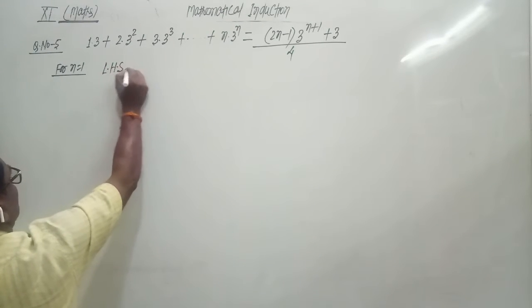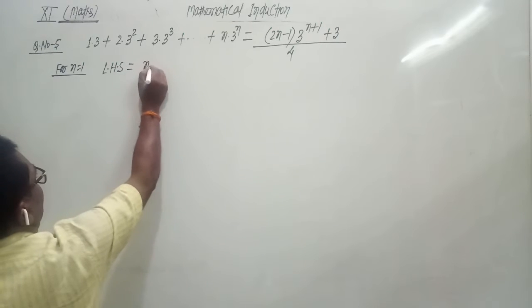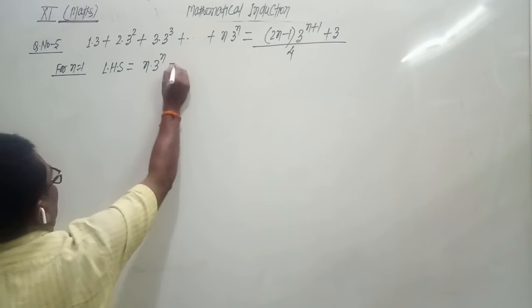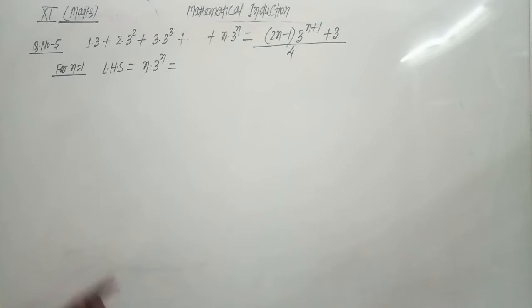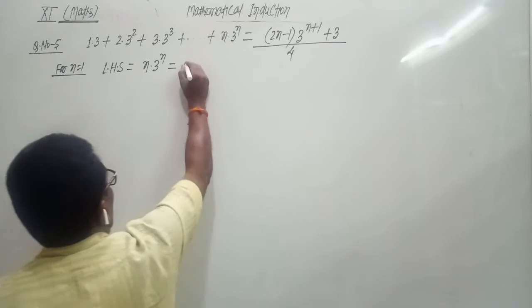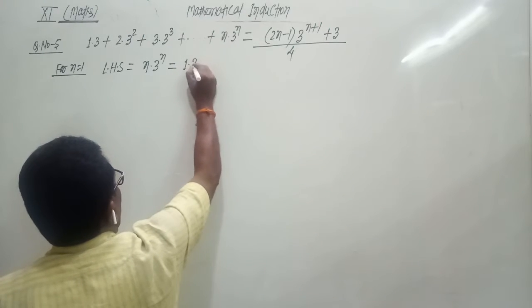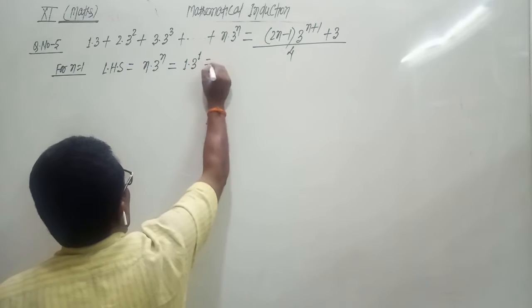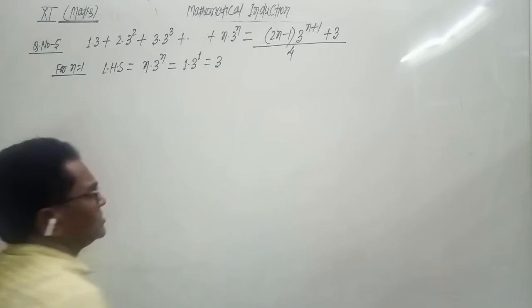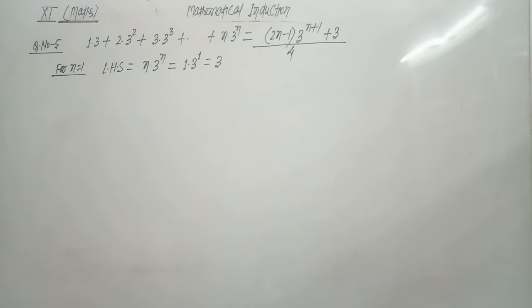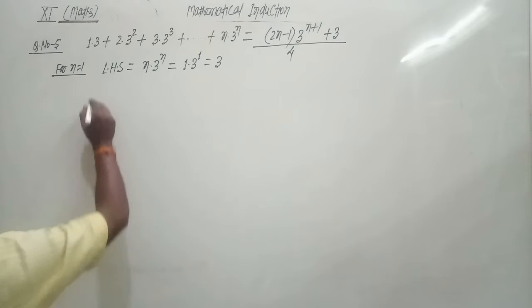LHS is n into 3 raised to the power n, and when we put n equals to 1, it becomes 1 into 3 raised to the power 1, and that is 3. So we get the LHS as 3.